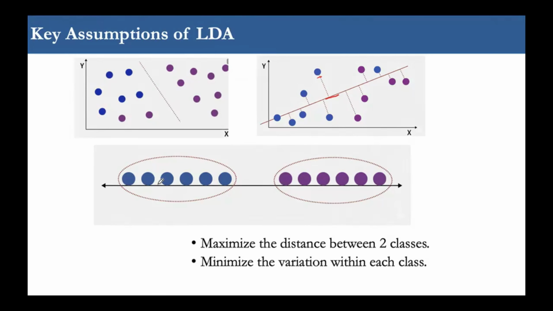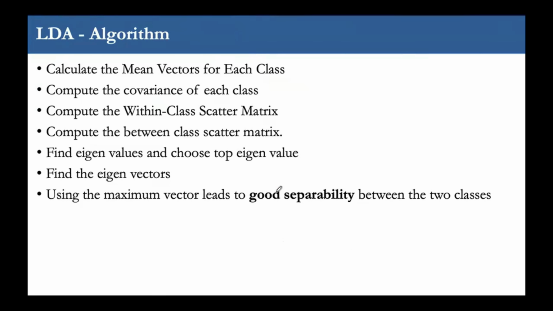You can see a new axis has been created and the data points are projected onto it. It tries to minimize the variation within each class. Here also it tries to minimize the variation within this class, as well as maximize the distance between the two classes.